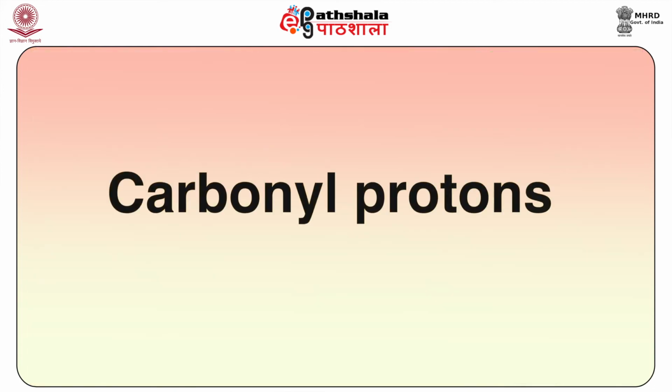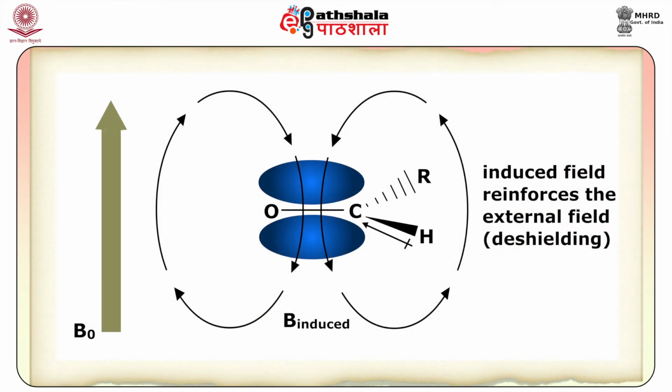Let us now come on to another type of pi bonds, that is carbonyl protons. Carbonyl compounds, when placed in an external magnetic field, are so oriented that the plane of the carbon-oxygen double bond is perpendicular to the applied field. The circulation of pi electrons generates an induced magnetic field which is in the direction of the applied magnetic field at the aldehydic protons.